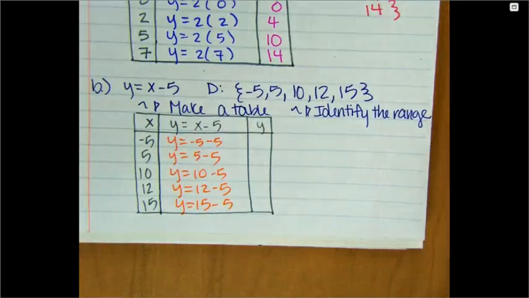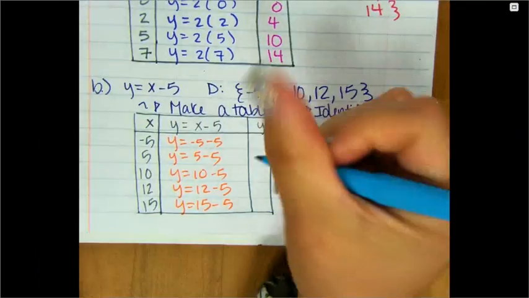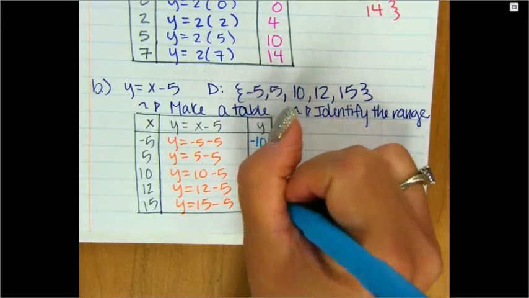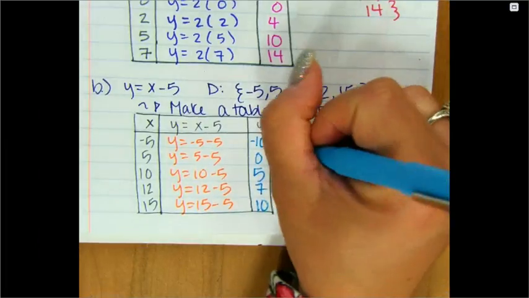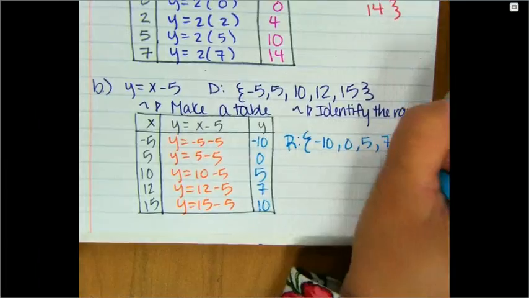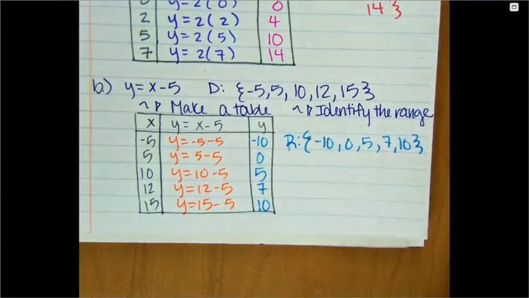Your work looks like this, yes? All right, what are our answers on the side for y? Negative 10, 0, 5, 7, 10. Wonderful. So your range is negative 10, 0, 5, 7, and 10. Yes? We good? Questions? All right.